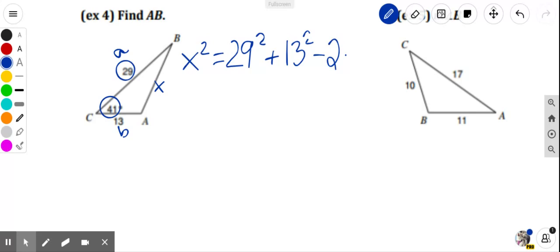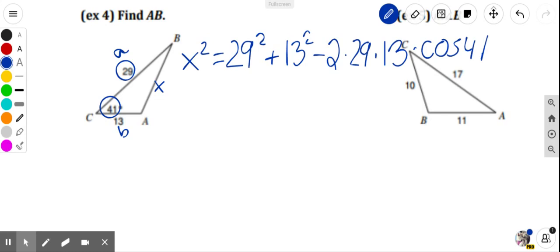So 2 times a, which is 29, times b, which is 13, times cosine of c, which is 41. Sorry about this. Okay. So that's the initial setup.